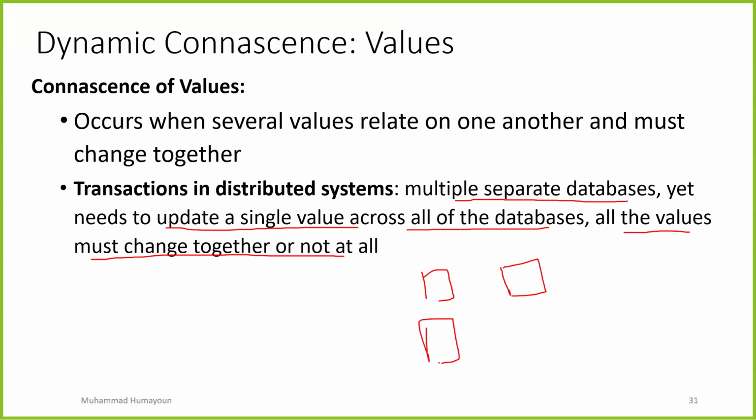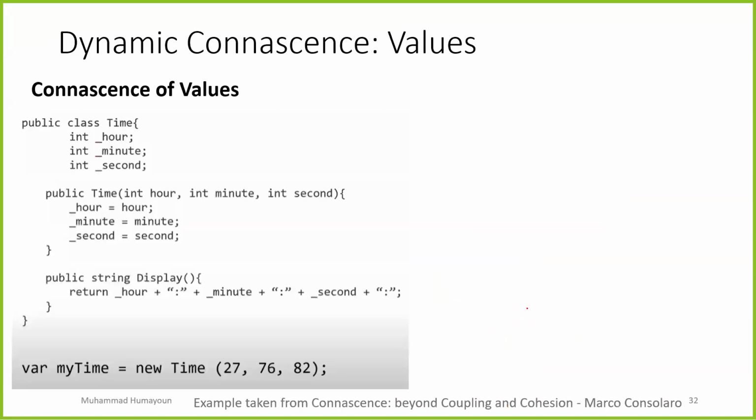If you have one main database and two shadow databases, either we are able to change values in all of them, or let's say we update here, but we were not able to update that value here due to some reason, we must roll back. Then it will not be updated in any one of them. So that would be the consistency of values.